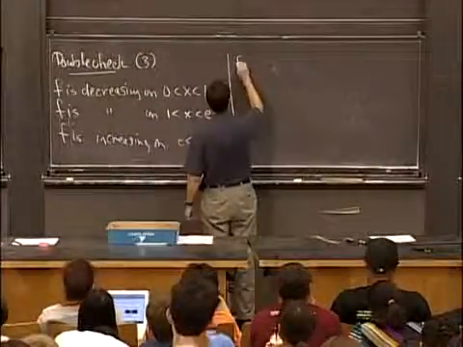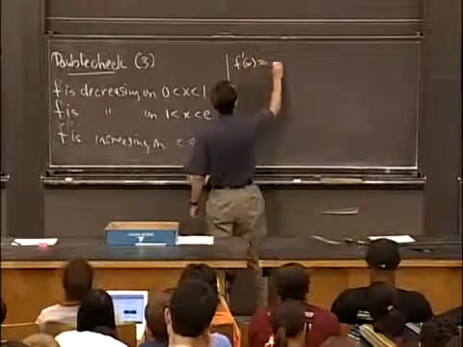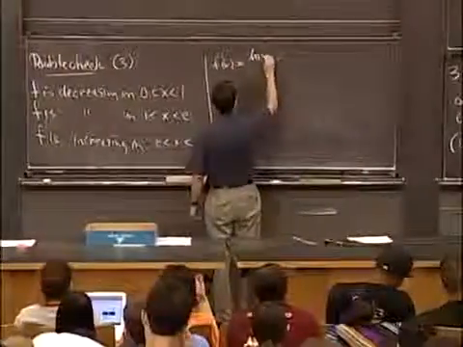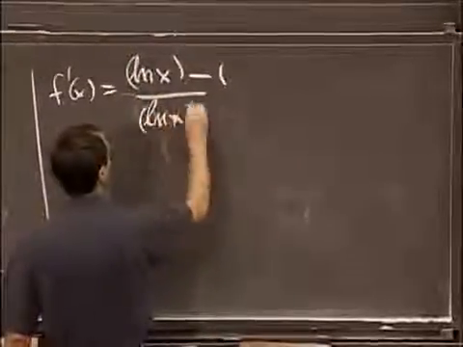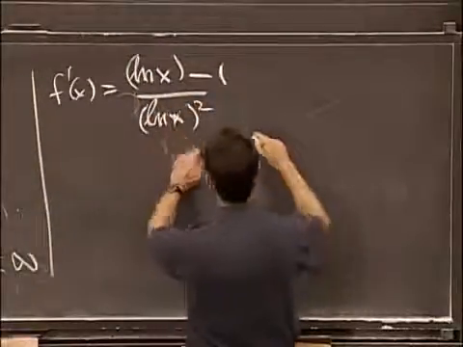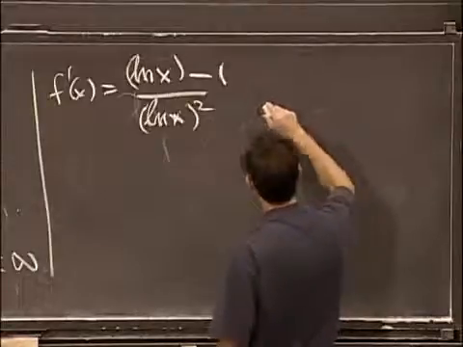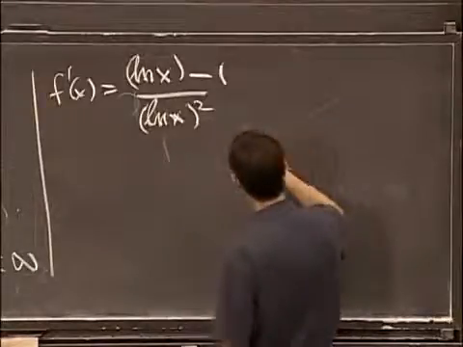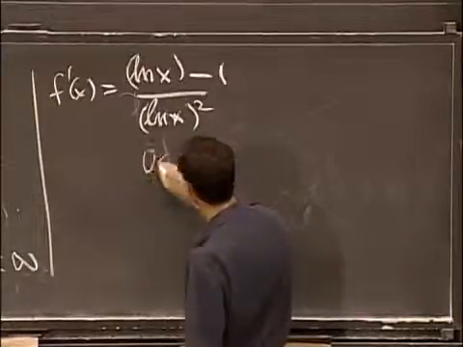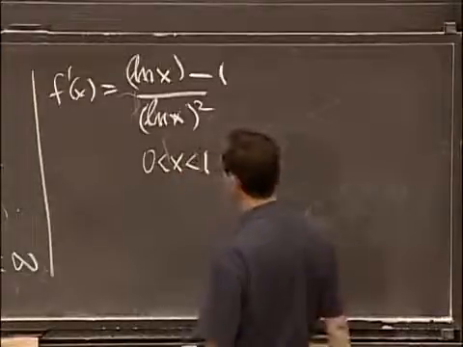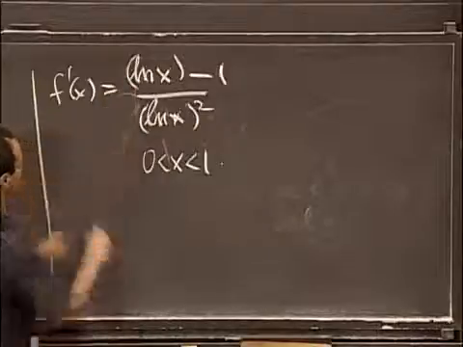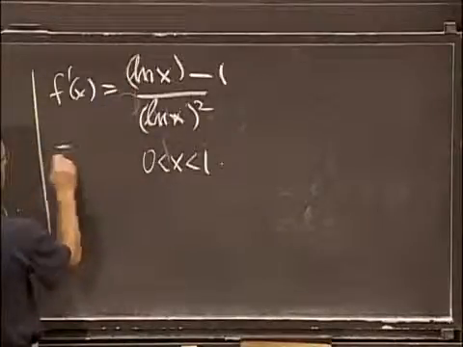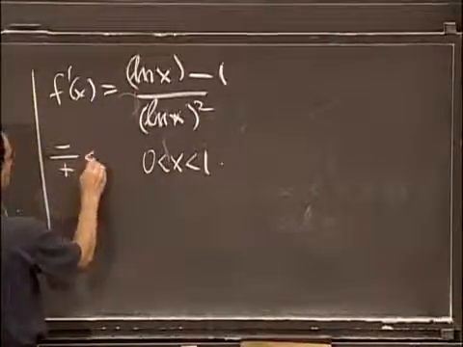The numerator, so f prime, remember, was log x minus 1 divided by log x squared, the quantity squared. So the denominator is positive. So let's just take a look at the 3 ranges. So we have 0 less than x less than 1. And on that range, the logarithm is negative. So this is negative divided by positive, which is negative.